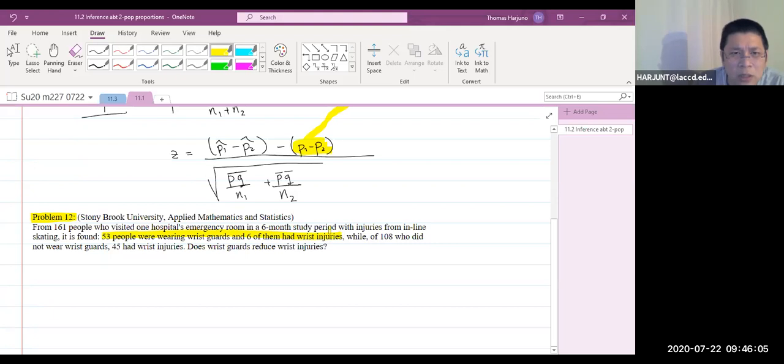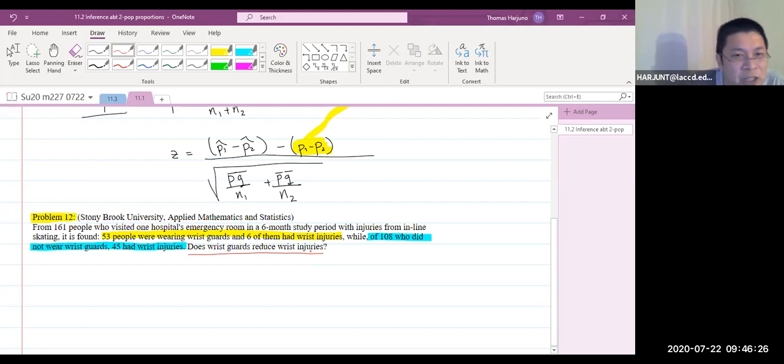And then of the 108 who did not wear wrist guards, 45 had wrist injuries. Then the question is, do wrist guards reduce wrist injuries?